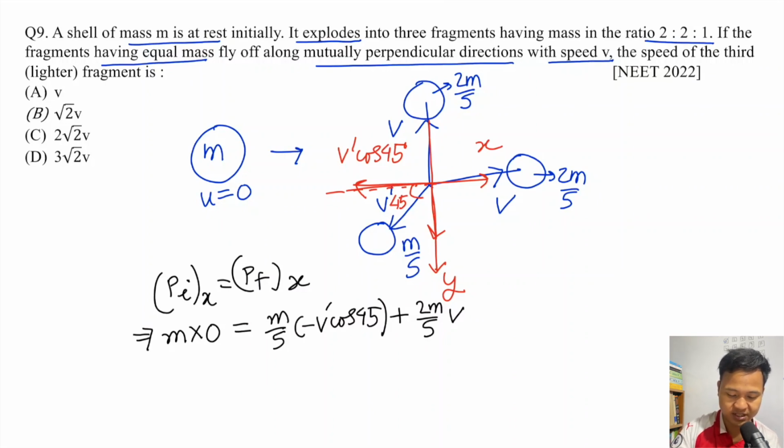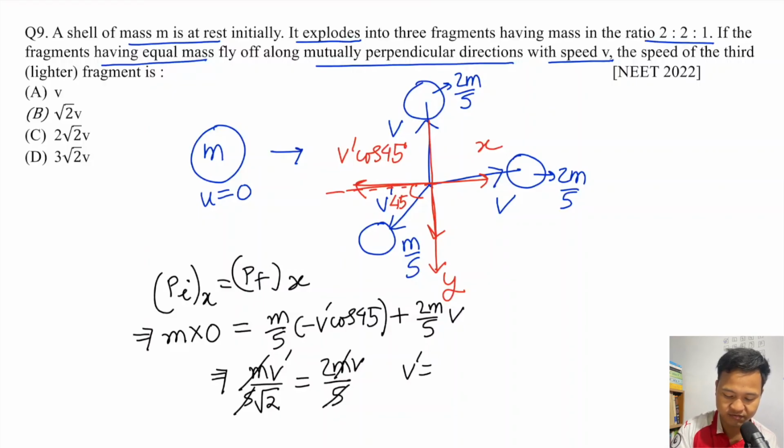The m by 5 piece goes along negative x axis, so minus v dash cos 45. Transferring, you have m v dash by 5 root 2, since cos 45 is 1 by root 2, equals 2m v divided by 5. The 5 gets cancelled out. V dash is 2 root 2 meter per second. So the answer is C.